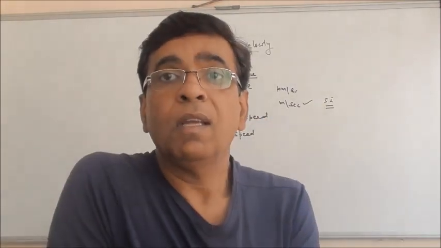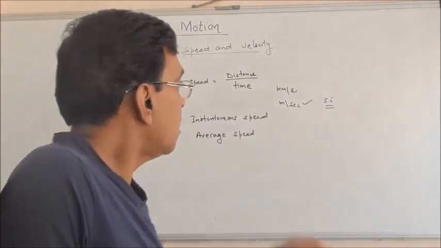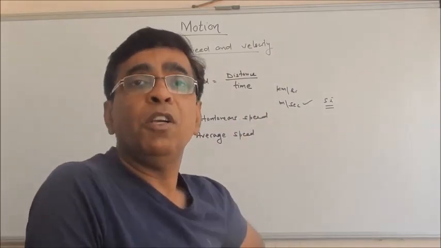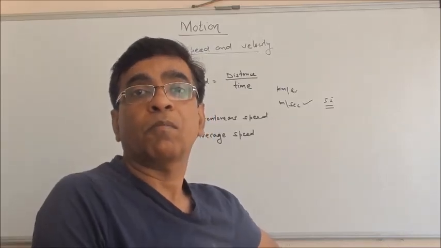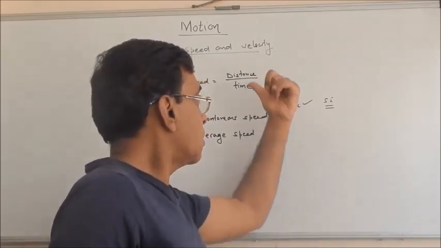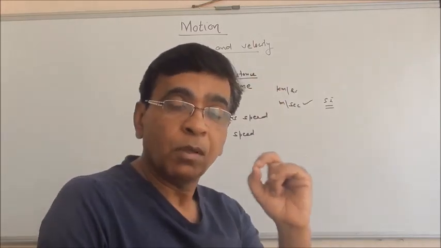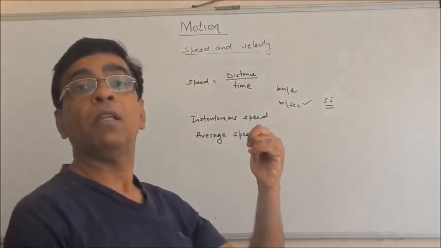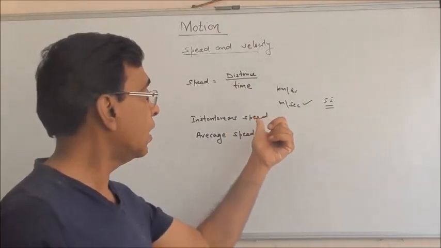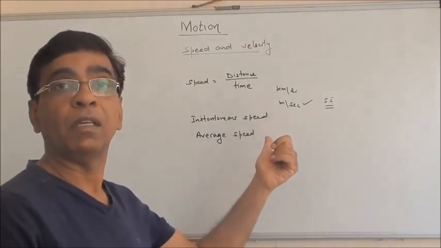Instantaneous speed and average speed. Instantaneous speed is the speed of any body at a particular point of time. Distance upon time at one particular point of time. The speedometer of the car tells us about the instantaneous speed.